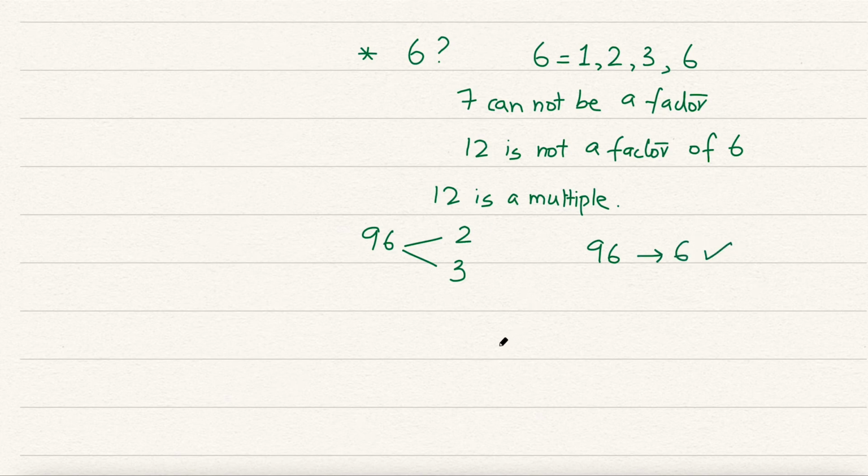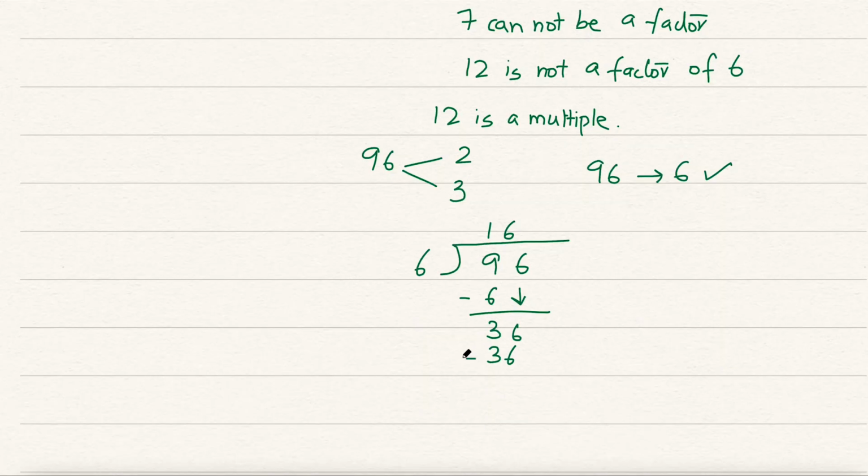Let's divide 96 by 6 to obtain the other factor. This is 96. 6 times 1 is 6. 9 minus 6 is 3. Copy 6 down. Then 6 times 6 is 36. Subtract the numbers. 0, 0.